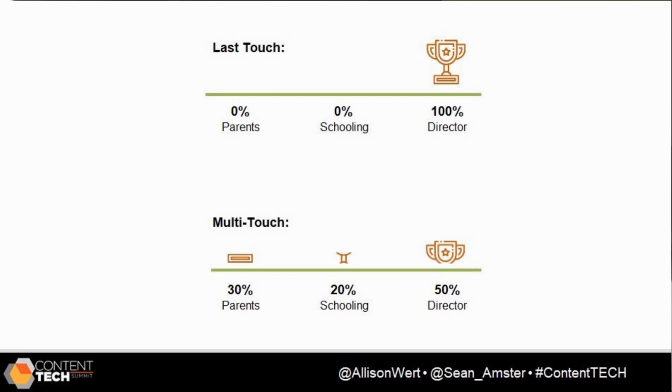He probably gets the most credit, but you know what? He went to film school, so they should get part of it. And his mom was the one who raised him to be a competent human being. She should get credit, right? That's the thinking between last touch and multi-touch. It just gives a fuller picture of who, throughout the whole journey of creating this film, actually influenced the creation and the art of it.